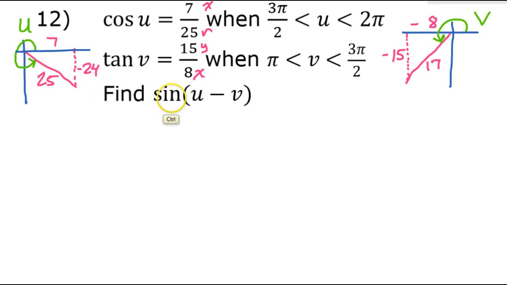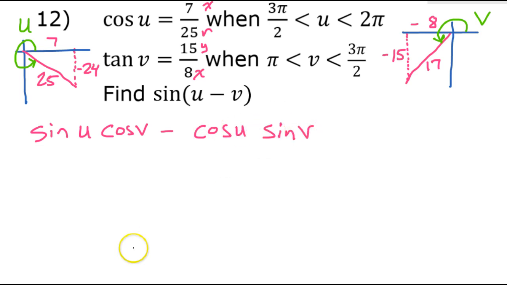Okay, so we're supposed to do sine of U minus V. The sine of a difference goes sine cosine minus cosine sine. So it'll be sine u cosine v minus cosine u sine v. Sine of u, that's y over r, so that's going to be negative 24 over 25.